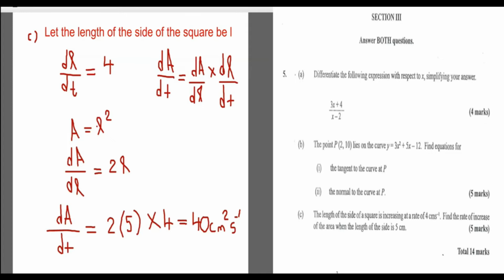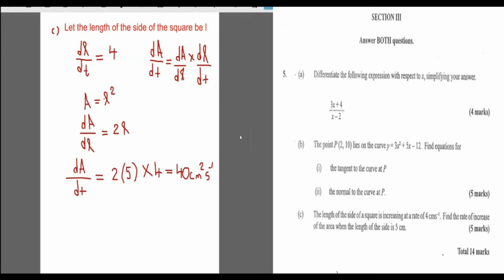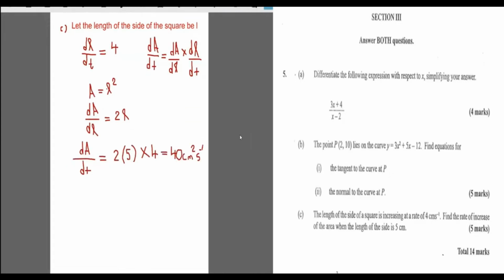That takes care of question 5. Nice and easy, so that takes care of the differentiation aspect of the question. And now we're going to go to integration, which is question number 6.